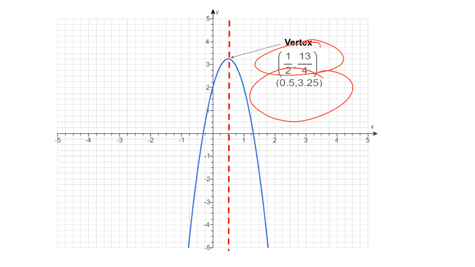I know that it has a little scale, so you can probably just convert these fractions into decimals and then just plot it. So my axis of symmetry, my max. Any questions on finding the vertex, axis of symmetry?